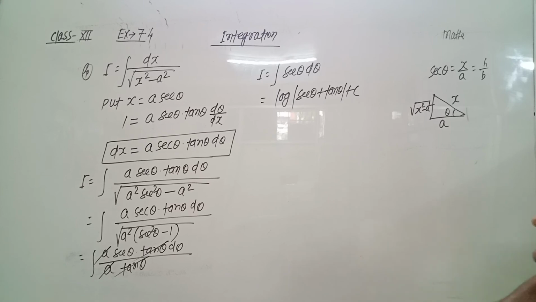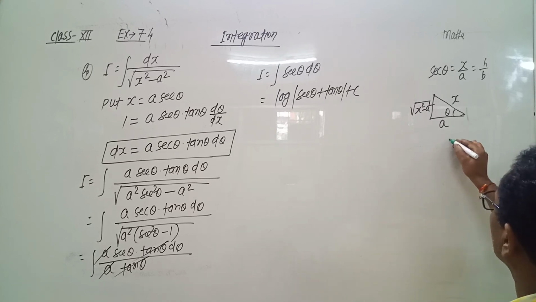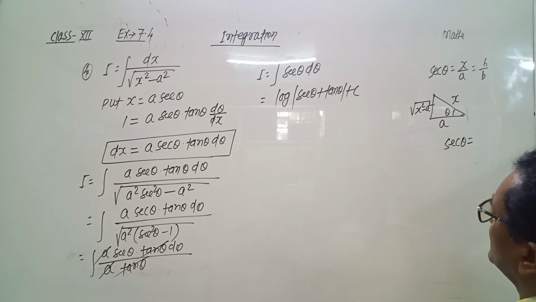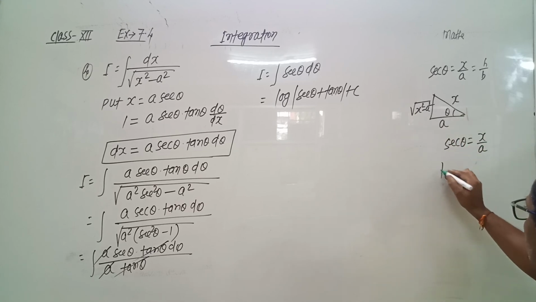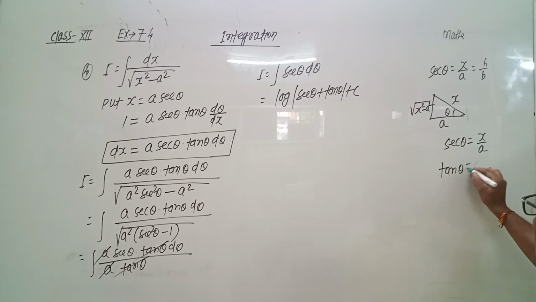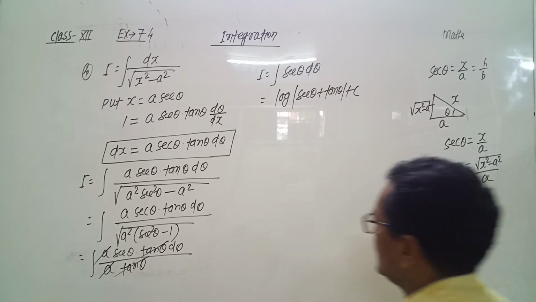In place of sec theta we will write x by a, and in place of tan theta we will write perpendicular upon base, meaning root x square minus a square upon a.